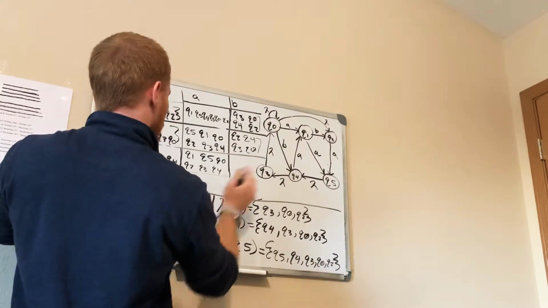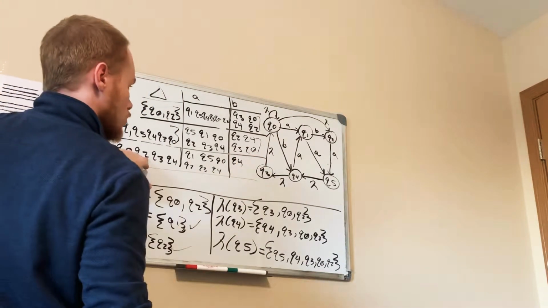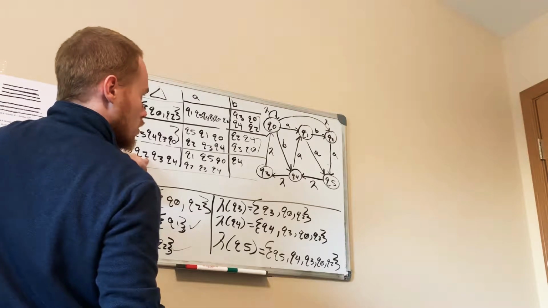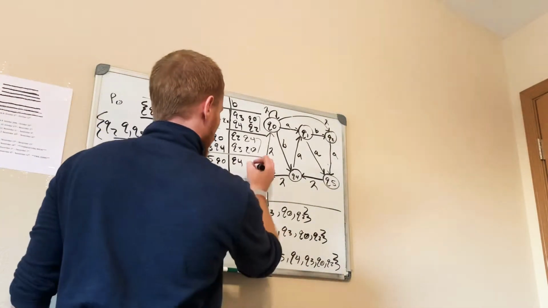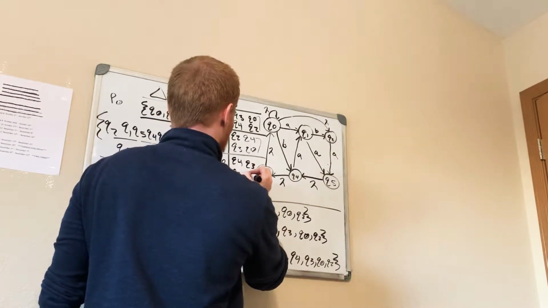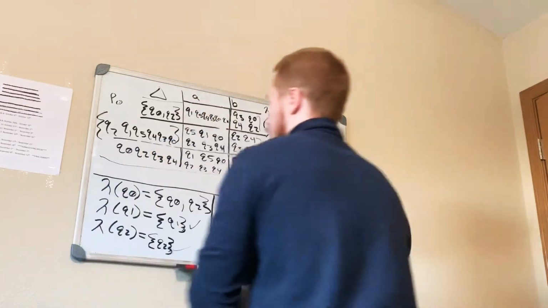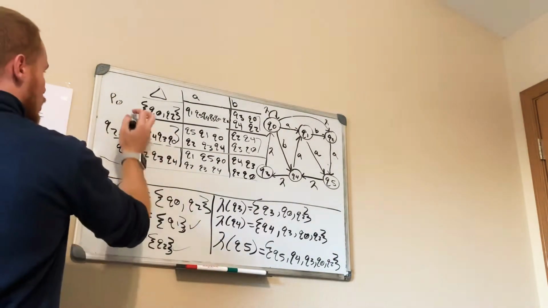Oh, Q0 on B, we can go to Q4, whoops. Q2, yes, so that's correct. And the transition of Q4, we got Q3, Q2, Q0. So now our table is complete.